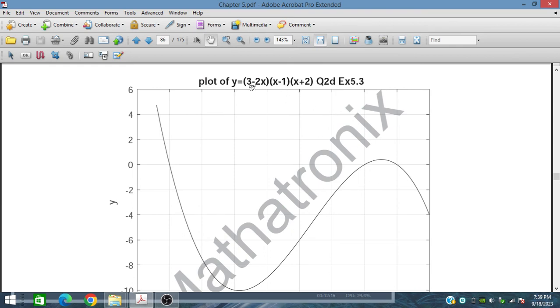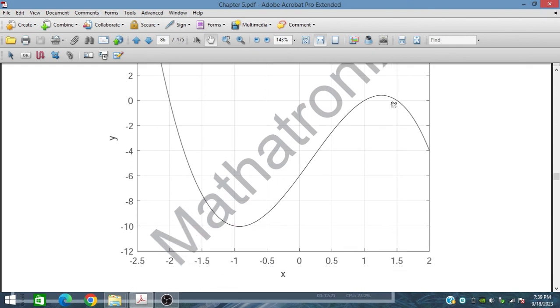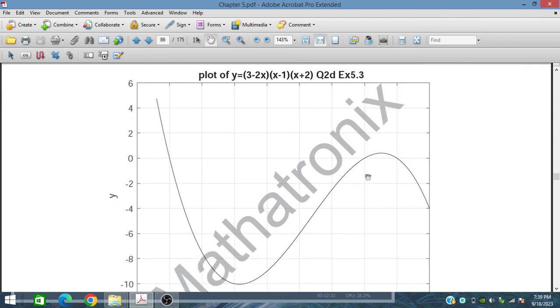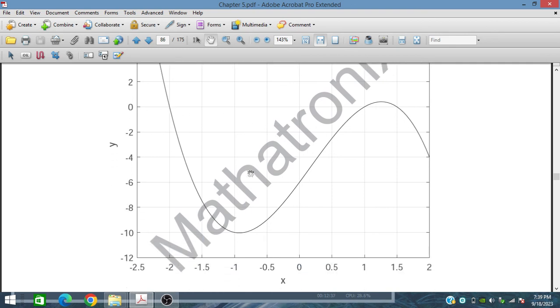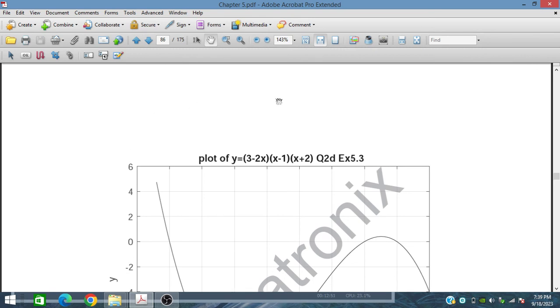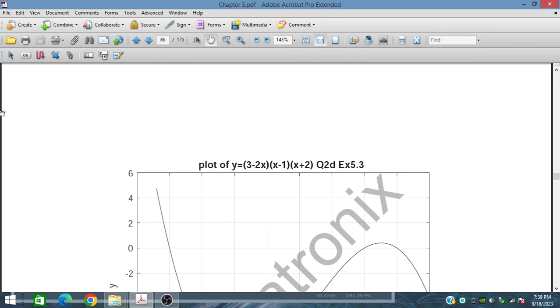And x is equal to 1.5, so this is 3 by 2. And for x equal to 0, this value will be 3 times 2 times minus 1, so minus 6. So at this point, this is 0 comma minus 6. So this is question number 2d. And in the next session we will discuss question 3.